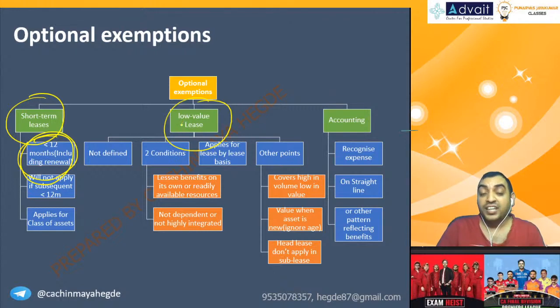The standard doesn't define what is low value. You have to apply the materiality concept. So if it is low-value items, like small chairs, small computers, small utensils, lease agreements, you need not apply this standard. Otherwise, with the optional exemption, you can recognize it on an expense basis. You don't have to worry about applying this standard.